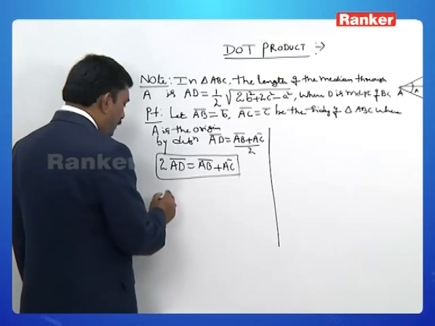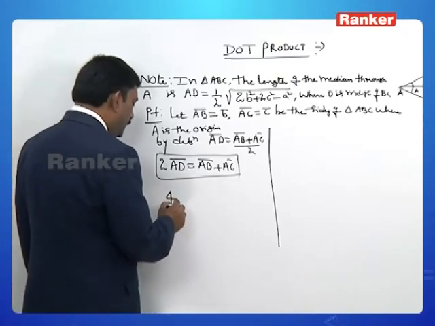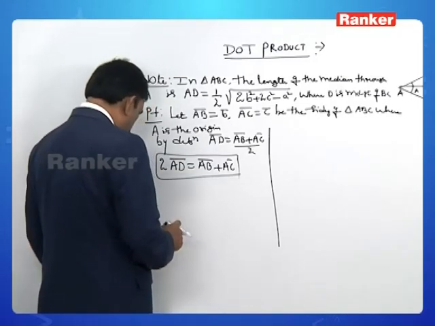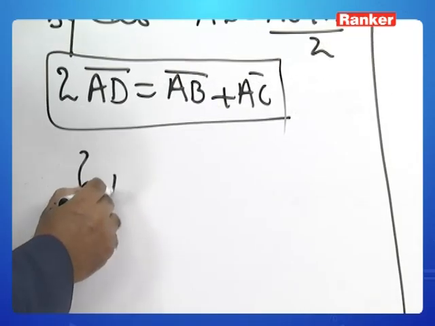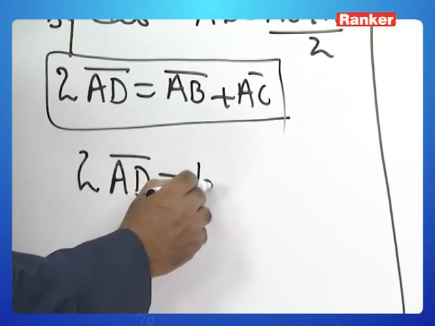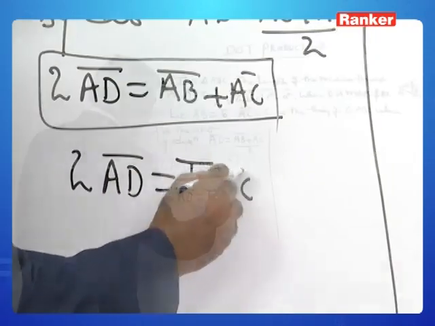Then squaring on both sides. What I do is, before squaring, 2 times AD bar equals b bar plus c bar.